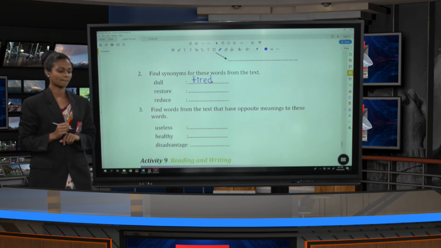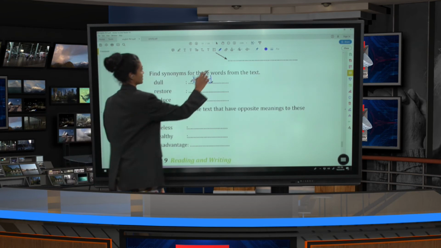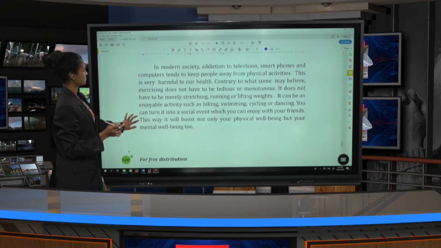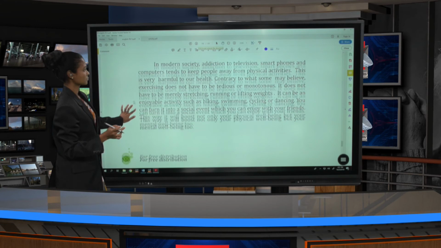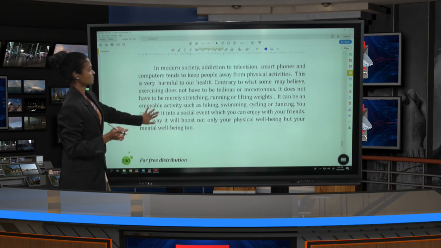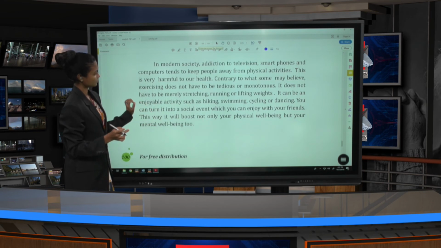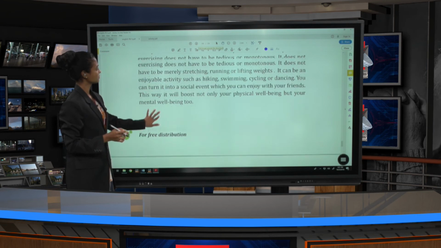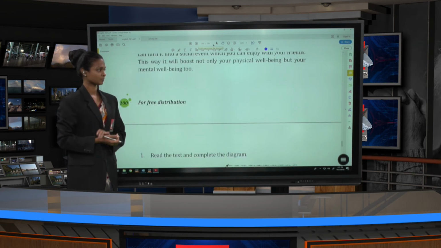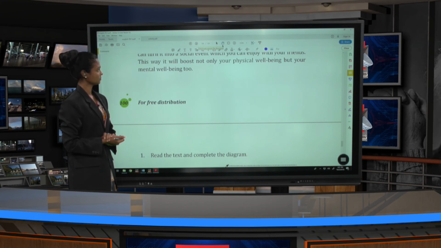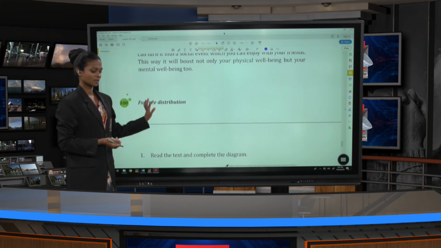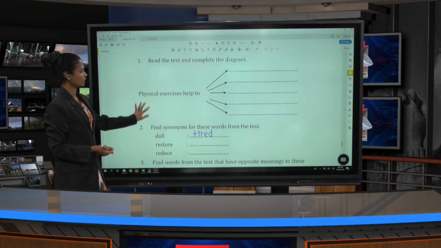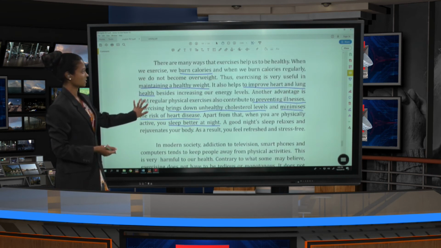Restore means rejuvenate. Next one, reduce, that is minimize.